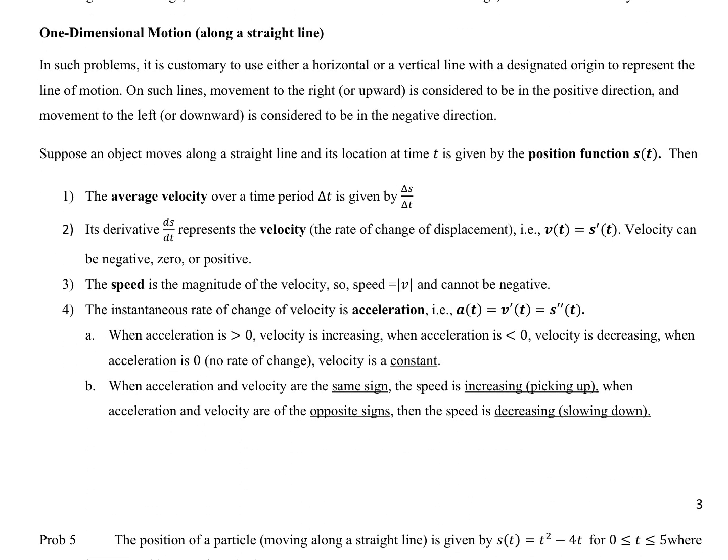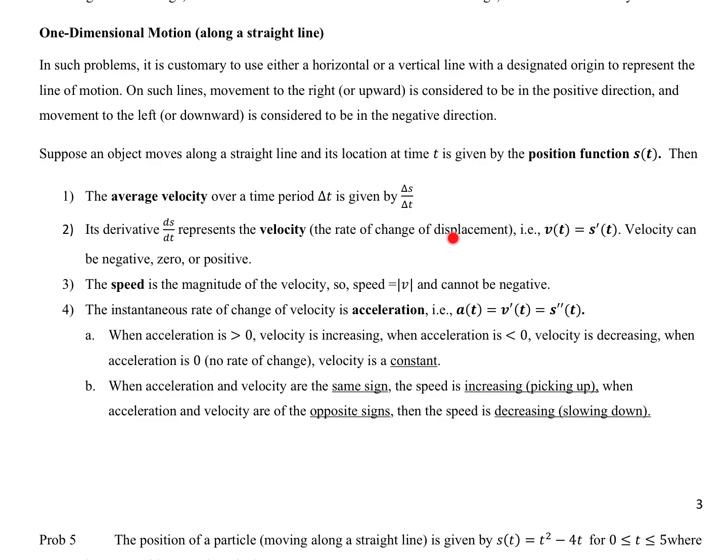Here's the detail. Suppose an object moves along a straight line and its location at time t is given by a so-called position function s(t). The average velocity over a period of time, delta t, is given by the change in position divided by change in time. And change in position we also call displacement.